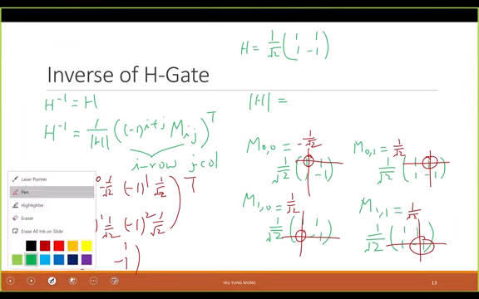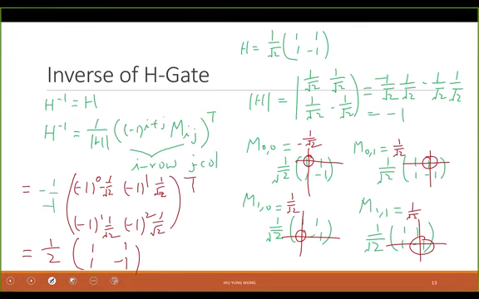Minus 1. Thank you. So this is 1 over minus 1, and if I take out the rest, it's 1 over square root 2. So this is h, right?